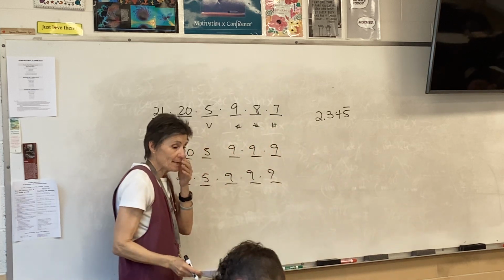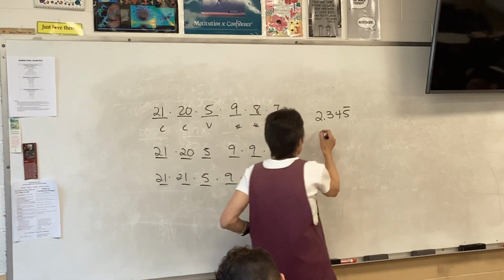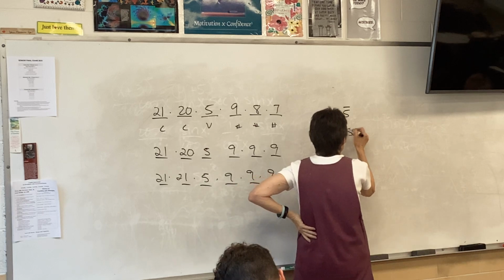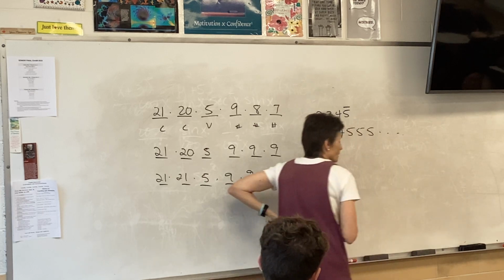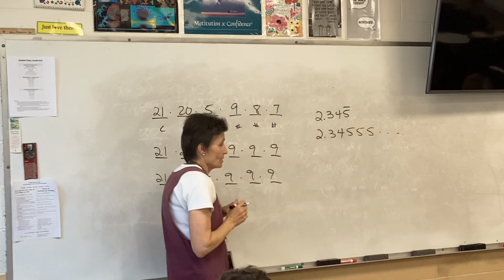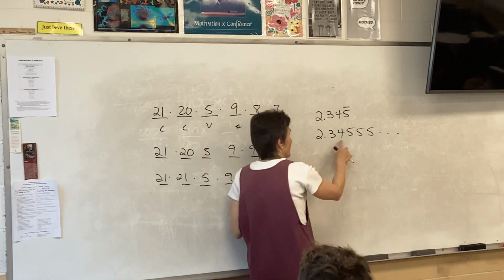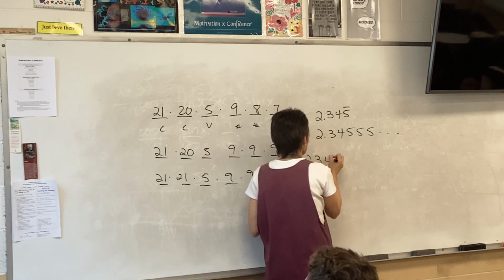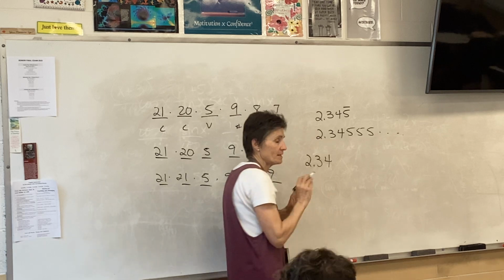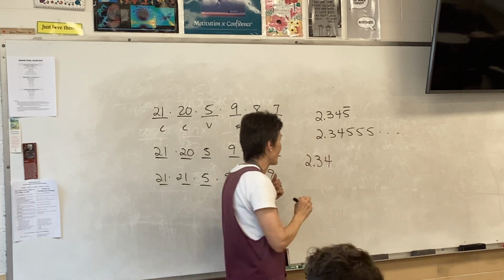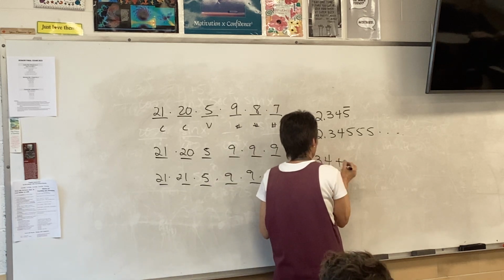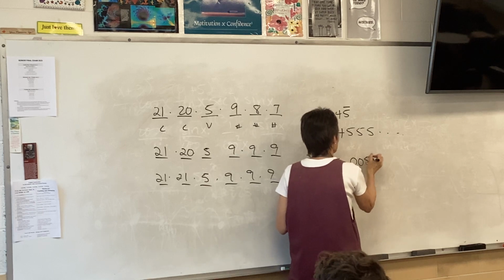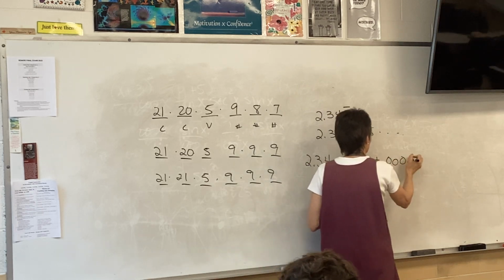Okay, so that means that the 5 keeps repeating, right? So this part of the number, 2.34, is not part of the repeating. So I'm going to separate that and then start adding on the repeating part.